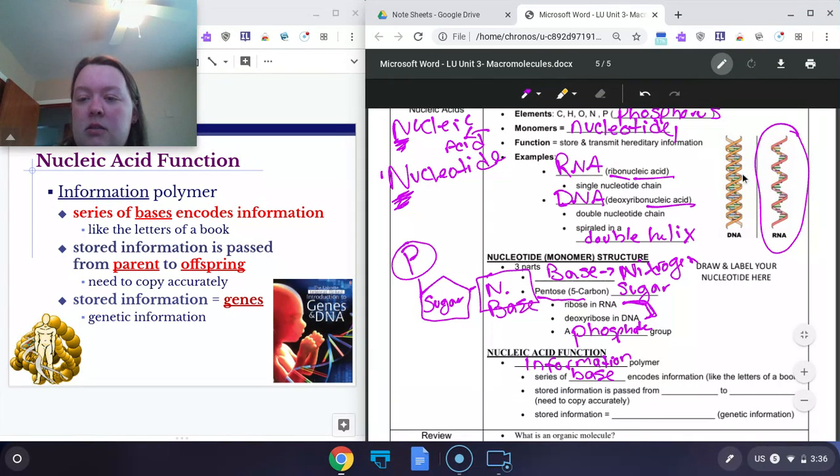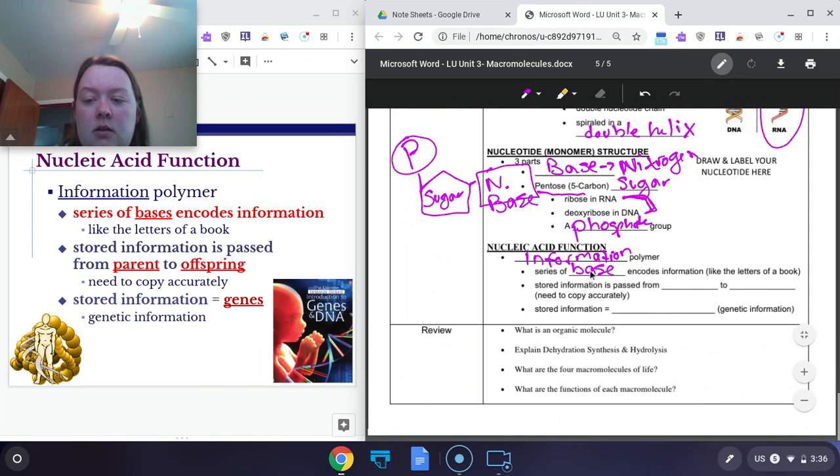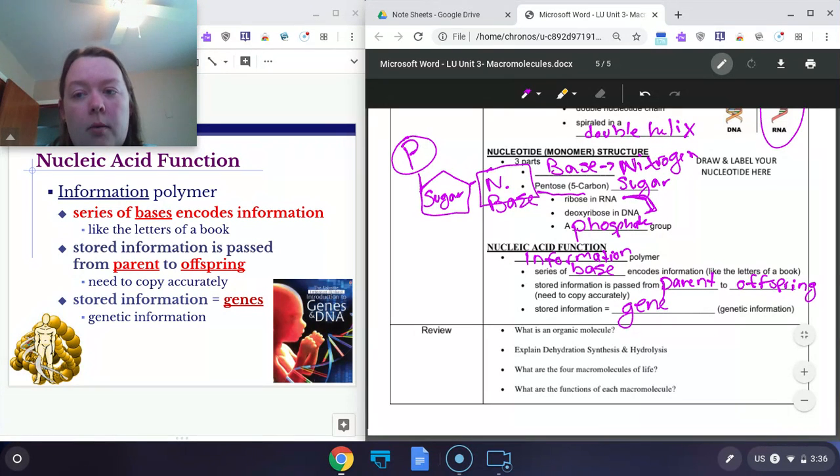The sequence of bases is what changes. Therefore, it contains the information. It encodes information that is going to be passed from the parent to the offspring. And each unit of information is called a gene. And altogether, your genes make you who you are. And that is the function of the DNA and the RNA.